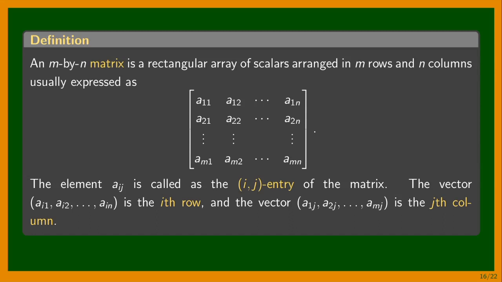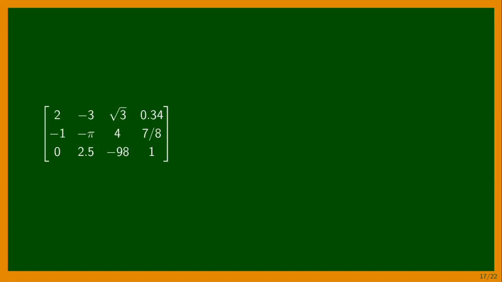Now later on, the rows we will write in this manner, but for now, not yet. And the columns, we will literally stand them up, since they are columns. But for now, we shall adopt the vector notation. Okay? For example, this matrix is a 3 by 4 matrix.